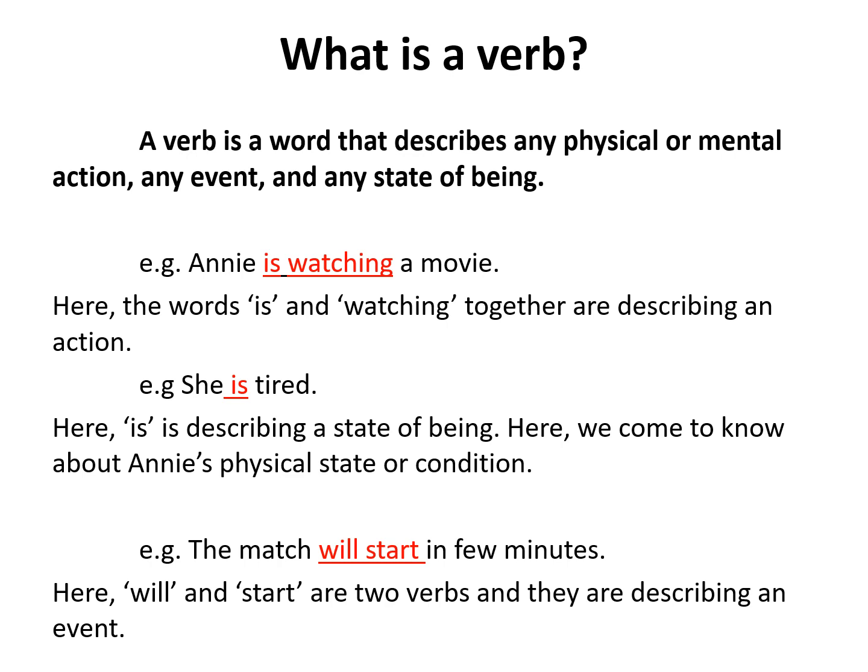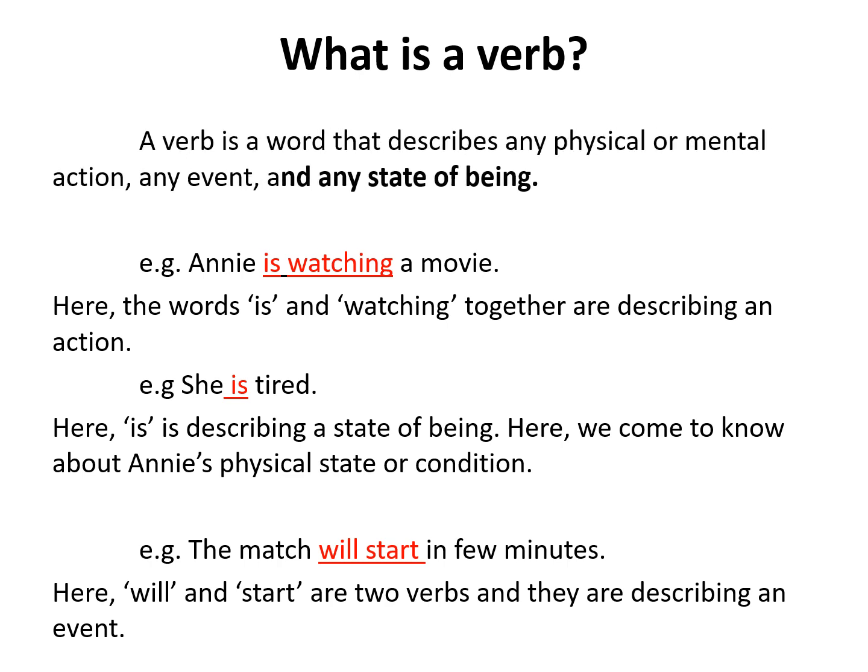For example, Annie is watching a movie. Here, the words is and watching together are describing an action. So from this line, we understand that in a sentence we can find more than one verb.